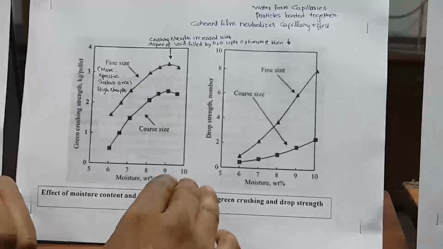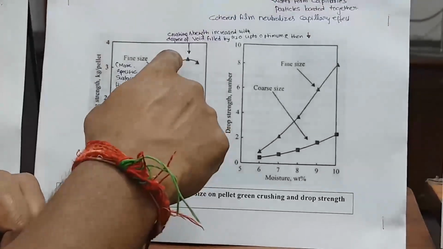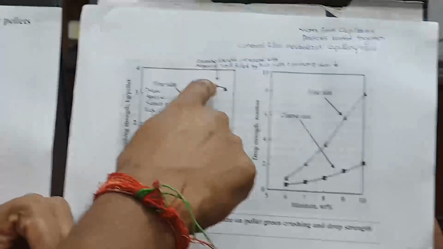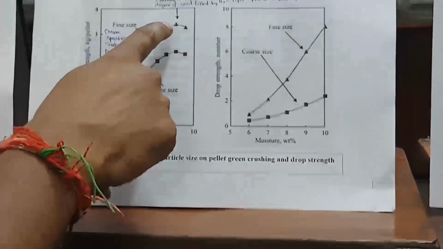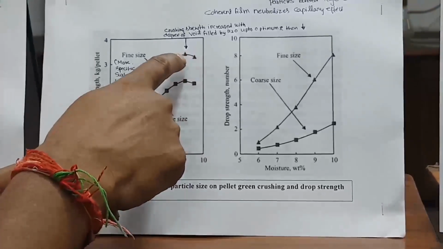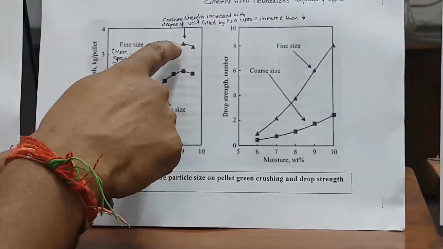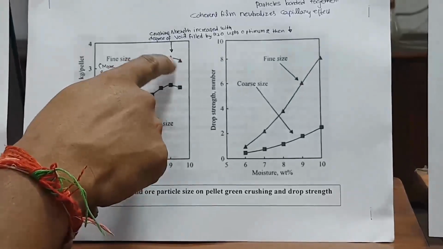With increasing moisture, what is happening to the green strength? It is increasing up to the optimum percentage of moisture, OMC, optimum moisture content. After that it is decreasing. We already discussed it. Why is the strength decreasing?